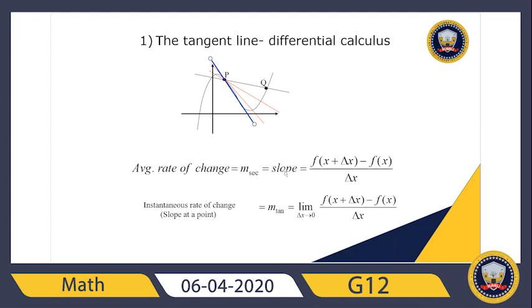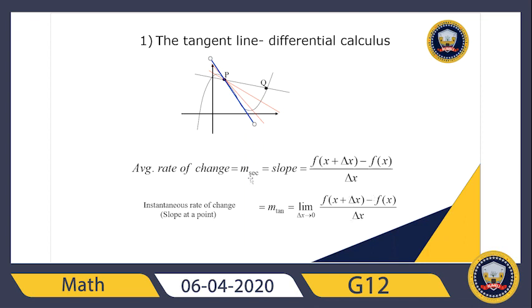As this distance goes to 0, because I need this distance to be as small as I can, this change, or this delta x, goes to 0, so I can find a more accurate slope.